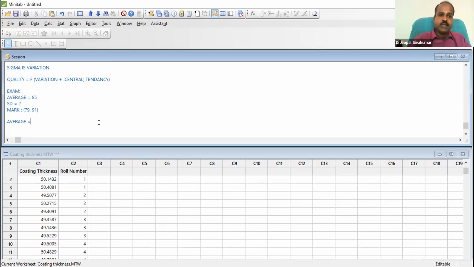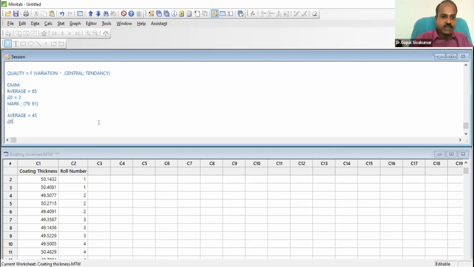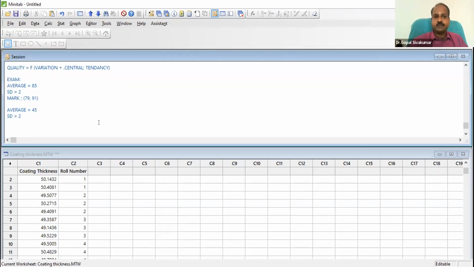Let me give another scenario where the average is not 85. The average is, let us say, 45. Standard deviation is 2. Now, are you happy with the performance of your students?